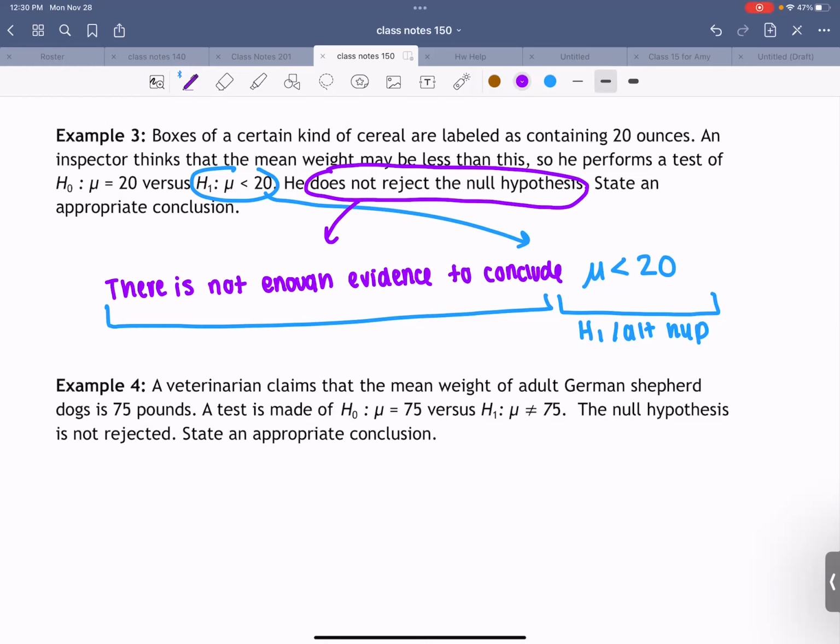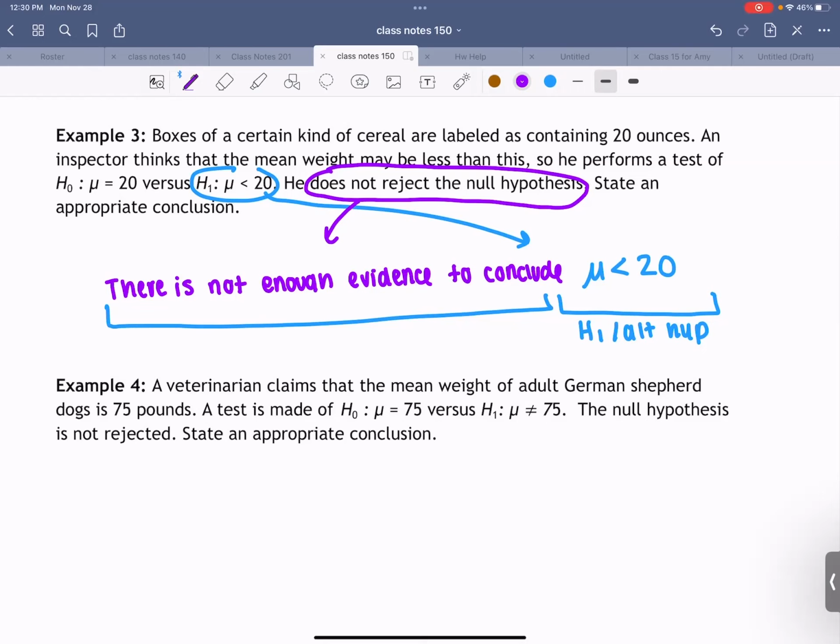When we don't reject or fail to reject the null hypothesis, we're always going to say this, because if we don't, then we risk communicating the wrong thing. We can't just accept the null hypothesis. We always have to talk about the conclusion in terms of the alternate hypothesis, and either say that we're accepting it or there's not enough evidence to conclude that it's true.